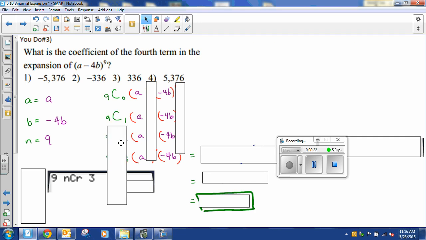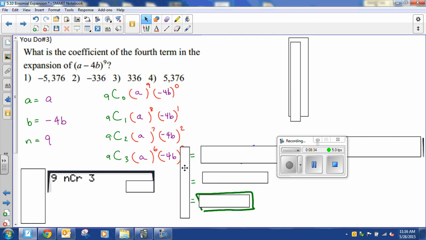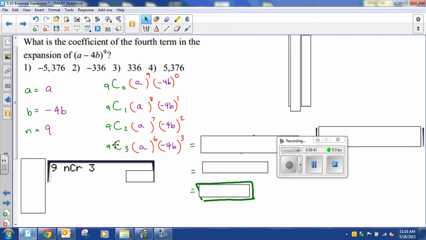So we have 9 choose 0, 9 choose 1, 9 choose 2, 9 choose 3. And here we have a to the 9th, 8th, 7th, 6th. And negative 4b starts at 0, 1, 2, 3. Notice how I keep negative 4b in parentheses because the negative 4 must be cubed. 9 choose 3 is 84.